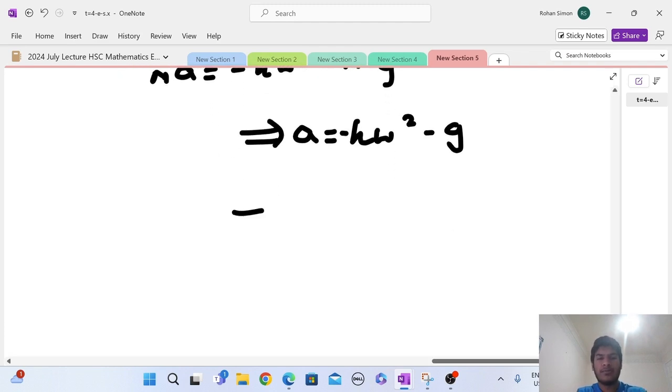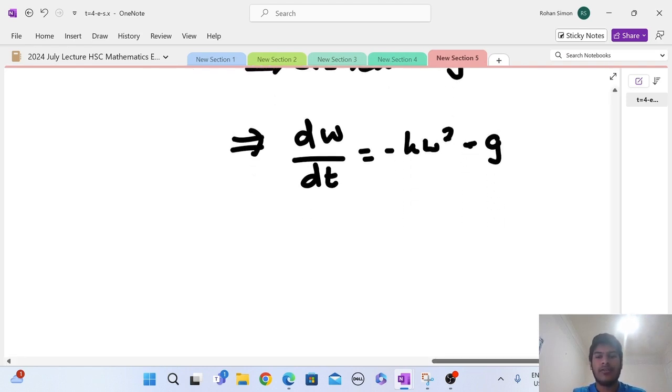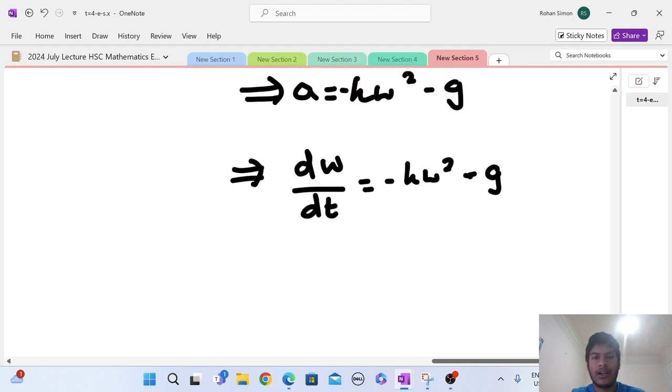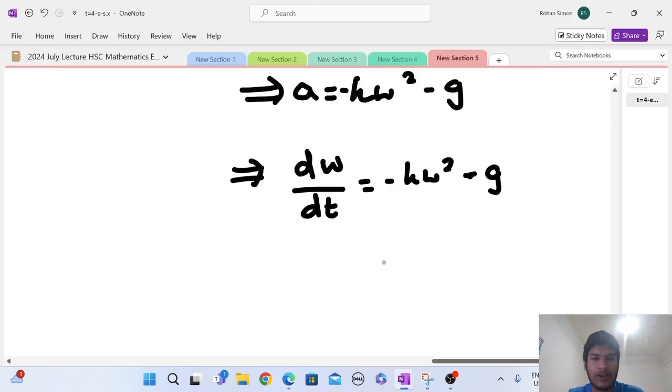And so our expression becomes dw dt equals minus kw squared minus g. Now the reason that we use our velocity time relationship, that is our dv dt sort of relation, is because we've got t equals something in terms of u and w, and that means that we have a velocity time relationship.